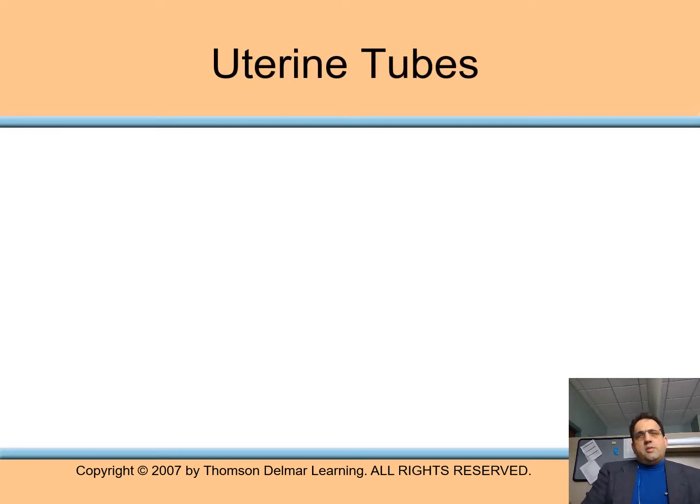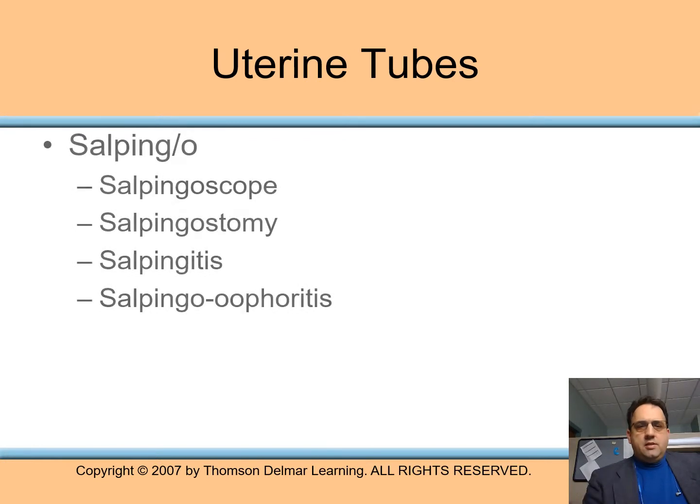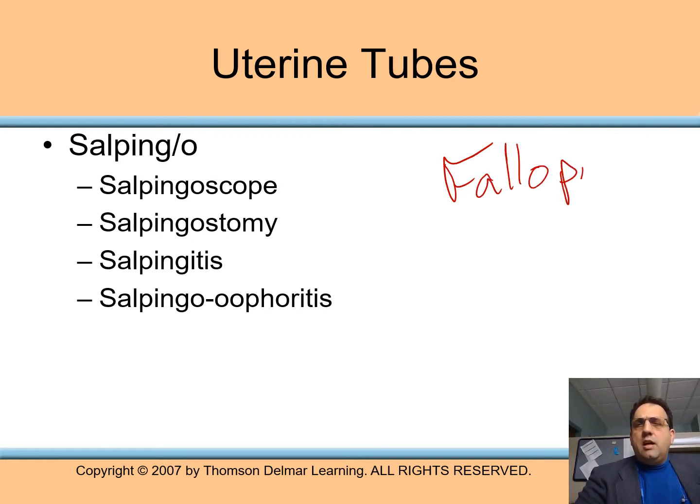The uterine tubes, which are also sometimes called the oviduct, and another term for the oviduct would be the fallopian tubes, spelled with an F. F-A-L-L-O-P-I-A-N, tubes.